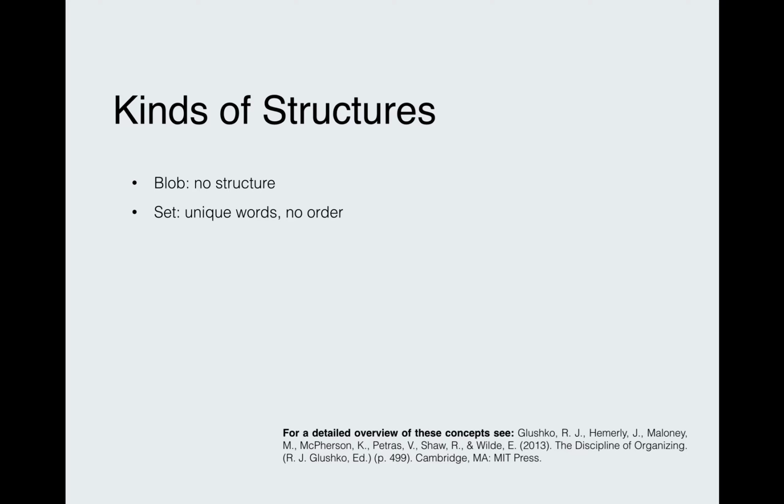Another is a set, which is a group of unique words with no discernible order. A list is the same thing as a set with one additional constraint, that the items are now an ordered collection of terms.